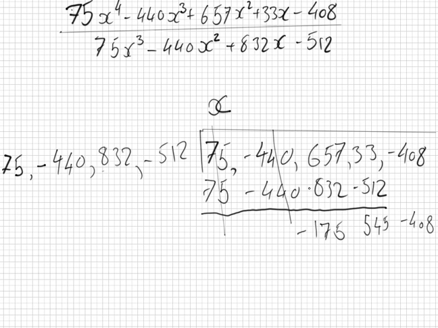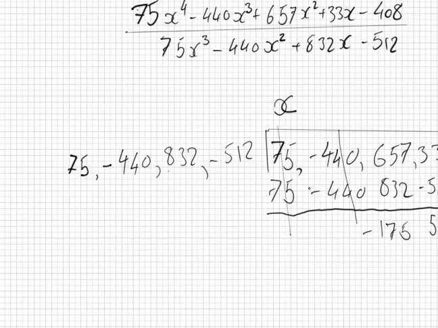I know it seems a bit weird, but if you think about it, how do I know when to stop? Well, if I divide a cubic into a power 4, the answer should be linear. Like if I divide a linear into a quadratic, the answer is linear. I give you an example here. If I divide an x squared, a quadratic, into an x^6, the answer at the top should be an x^4.